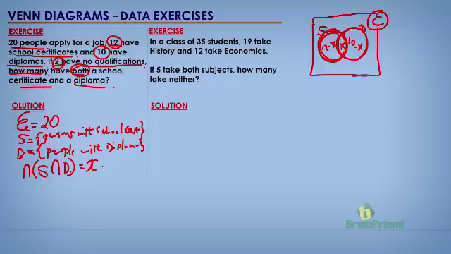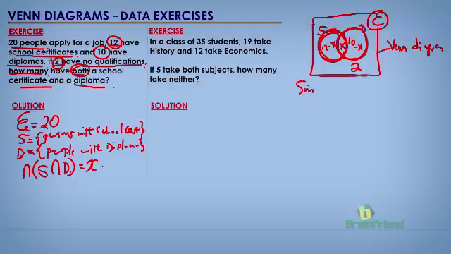Such persons will be outside of our sets S and D, but still within the border of our universal set. So we have our Venn diagram completely drawn. Let's go on to solve our problem.